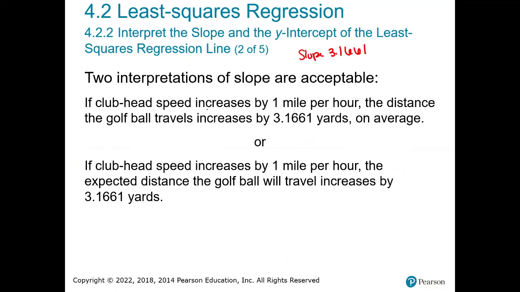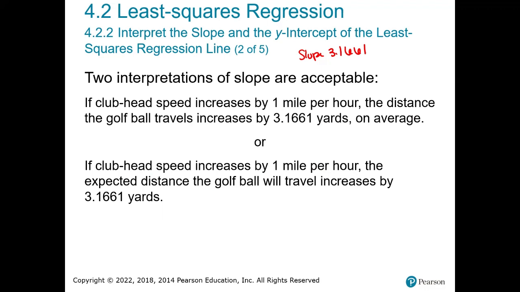If club head speed increases by 1 mile per hour, the distance the golf ball travels increases by 3.166 yards on average. Another way to say that: if the club head speed increases by 1 mile per hour, the expected distance the golf ball will travel increases by 3.1661 yards.